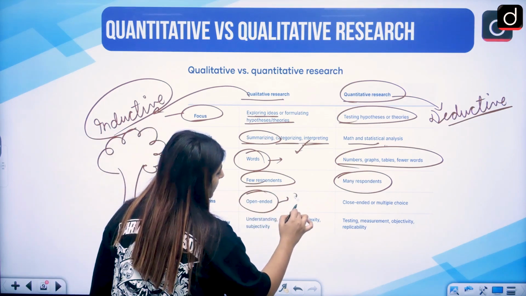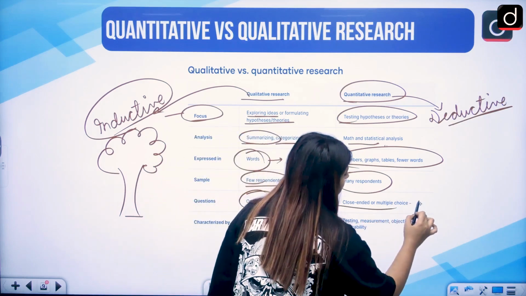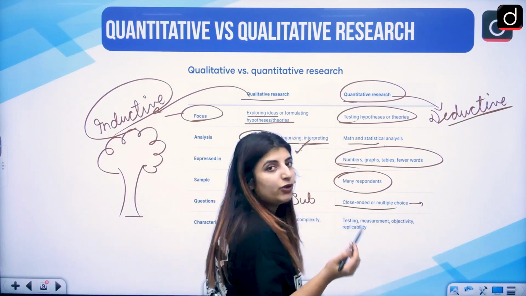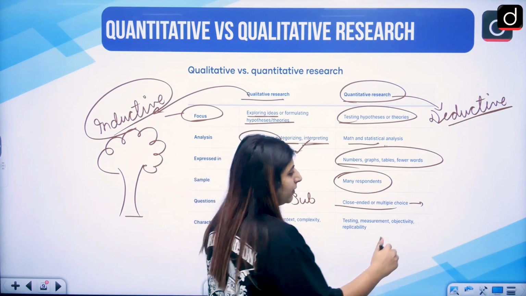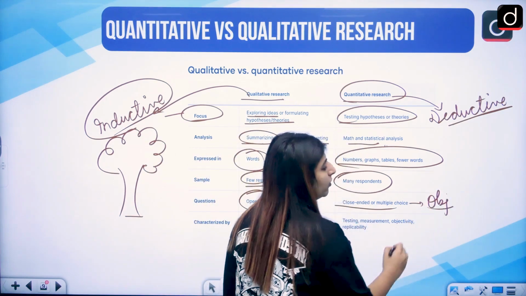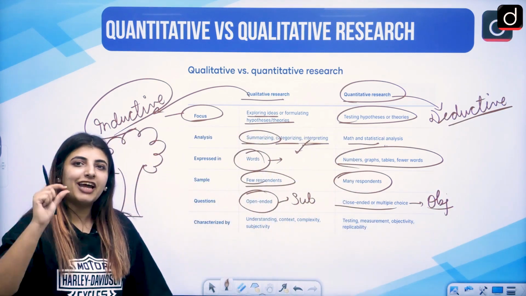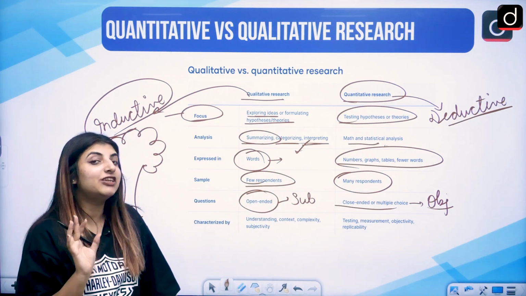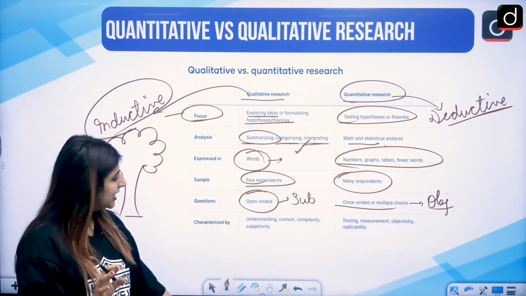Open-ended, I told you, is subjective. Close-ended or multiple choice, I gave you the example of the UGC NET question paper and the options which are available. Why are these known as objective questions? Because they have one option as correct, which is universally correct for all, right?